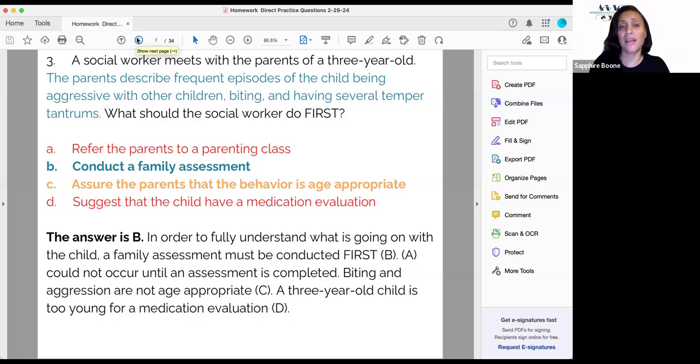So some type of stabilizing, like if they're having a psychotic break and we need to administer some type of medication, then that would make sense. Because of the age and because there's not anything that warrants medication, we wouldn't do that option. So the answer is B as in boy.